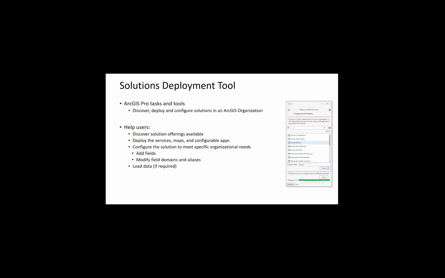Once you decide which solution you're interested in, it'll quickly deploy the feature layers or services, maps, and configurable apps, and then allow you to configure the solution to meet specific needs in your organization, and ultimately, if required, load data, right? So we're trying to walk you through a comprehensive approach to quickly deploy the solutions in your organization, and then begin to take advantage of them.